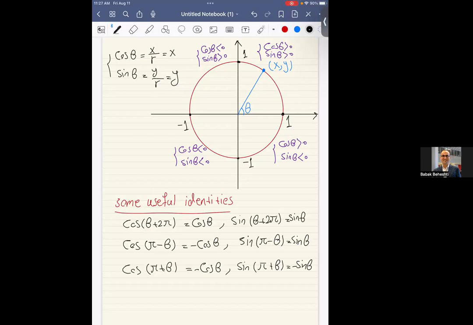Something also helpful: if the sum of two angles is pi half, then we usually say they're complements of each other, so their sine and cosine switch. Let me write another identity.